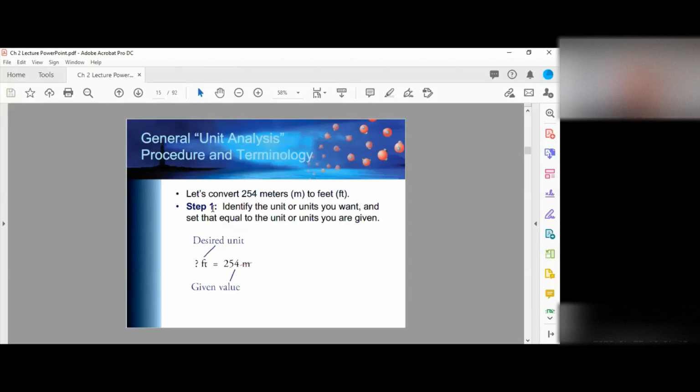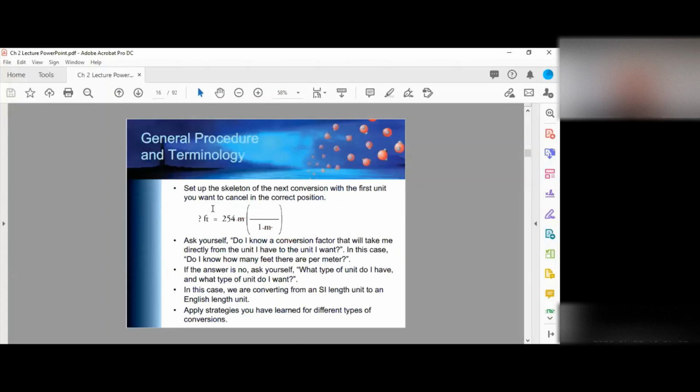Here's a question. Let's convert 254 meter to feet. All right. So basically, he's giving you meters, and the unit that he's asking you to get it to is feet. All right. What's the conversion factor between meter and feet?